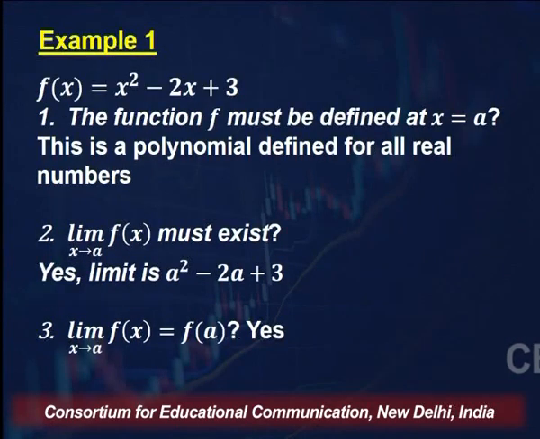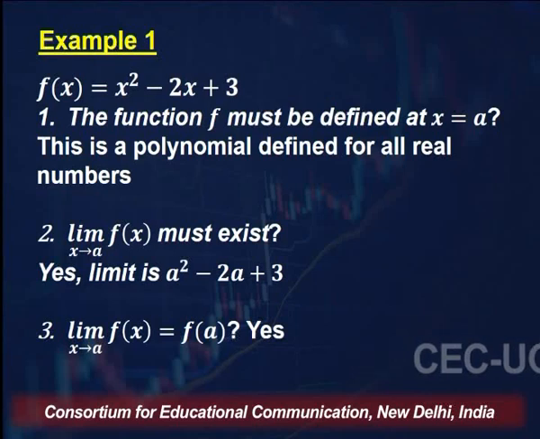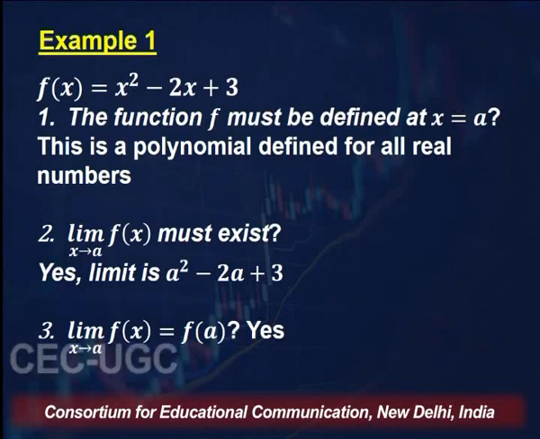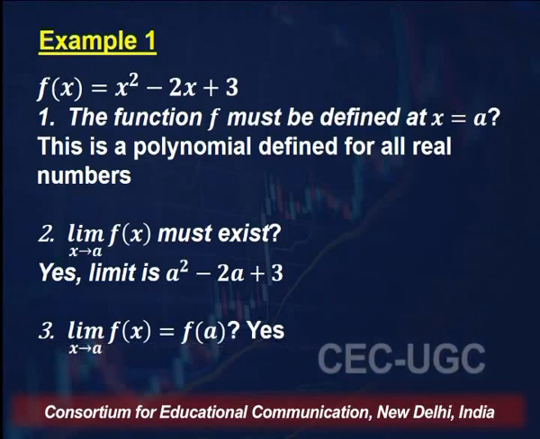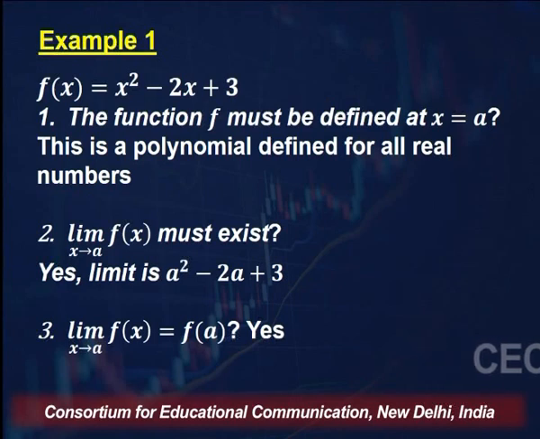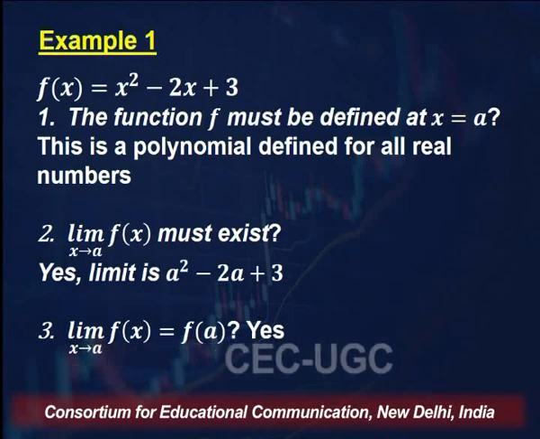Now let's do one problem before we move over to more visuals. Let's see if you have absorbed the definition and can use it. Your function here is f(x) = x² − 2x + 3. You have to check for the continuity of the function at a point a.